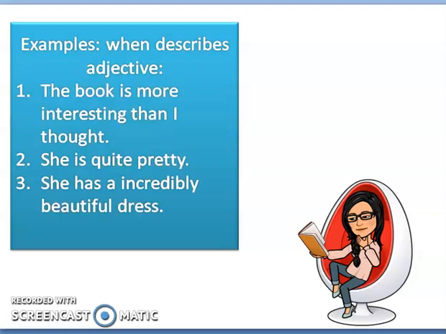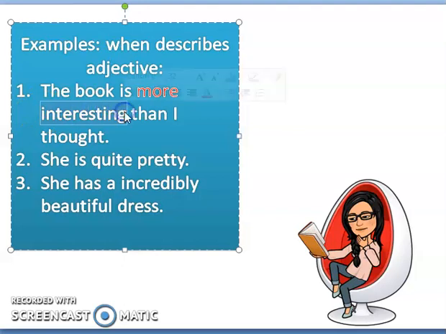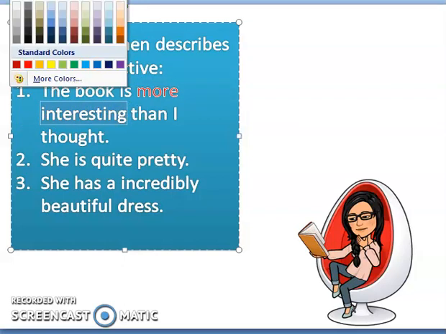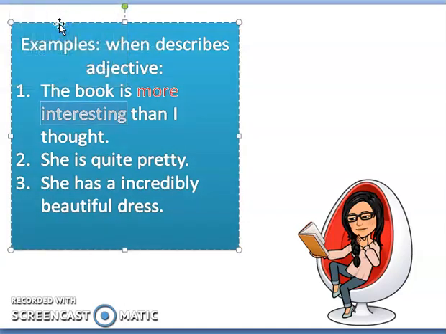When adverb describes adjective. The book is more interesting. Here more is adverb. Then I thought. Interesting is কি বলতে পারবে? Interesting is হচ্ছে adjective, obviously, because I already wrote in the caption when adverb describes adjective.